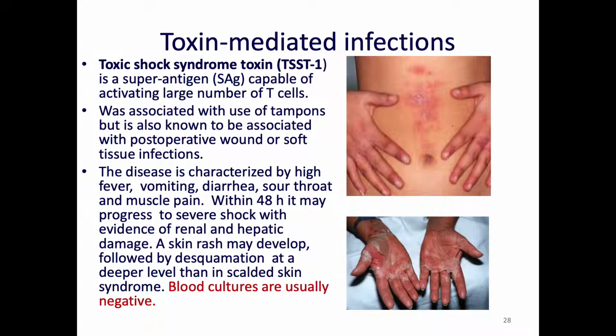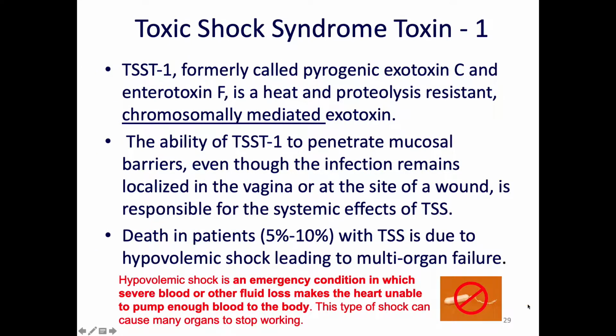A skin rash may develop, followed by desquamation at a deeper level, then scalded skin syndrome. The blood cultures in this case are usually negative, because the toxin is spread in the blood. We don't see the bacteria, and we cannot distinguish them in the blood samples. That's why the blood cultures are usually negative, because all the symptoms are associated with the toxin production.